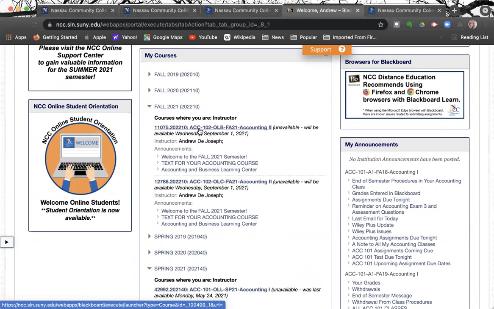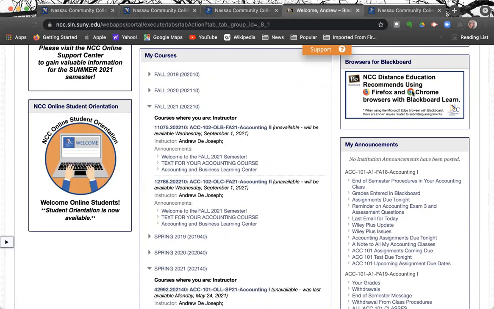And just for a second, before we actually go into the class, pay attention to some of the information that's here. For example, they tell you that you should use Firefox or Google Chrome as your browser.